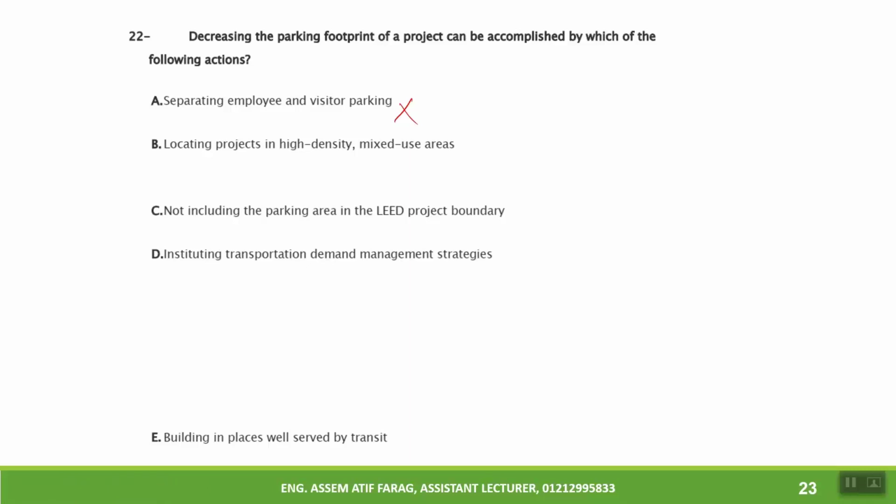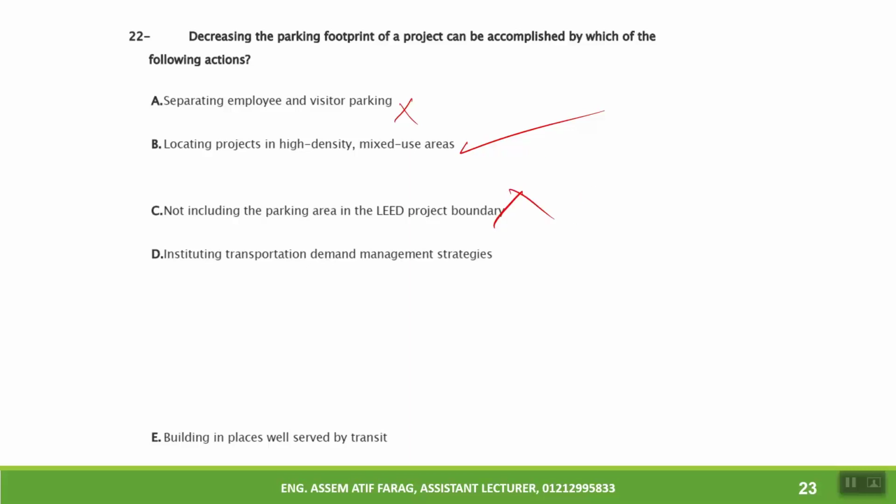Actually, high-density mixed-use areas are usually served by public transportation, giving users the opportunity to choose alternative transportation and not to drive, so this option is correct. C, not including the parking area in the LEED project boundary. This would not be accepted by the LEED reviewer as a way to reduce parking, so this option is wrong.